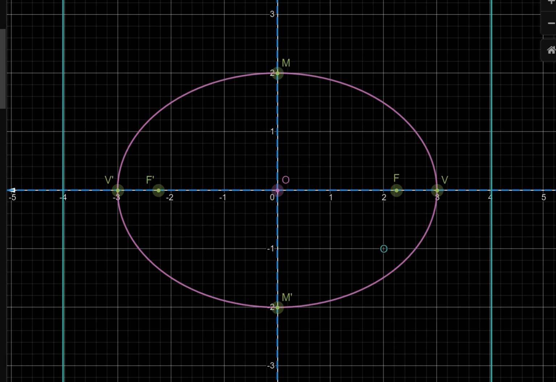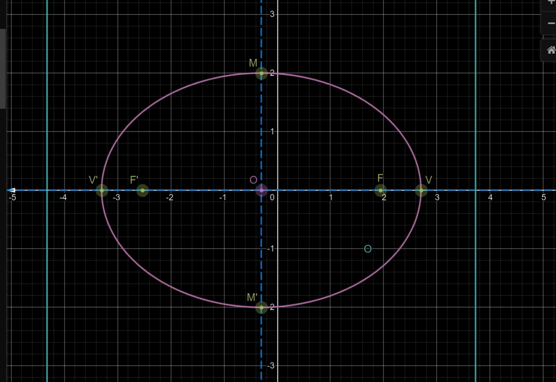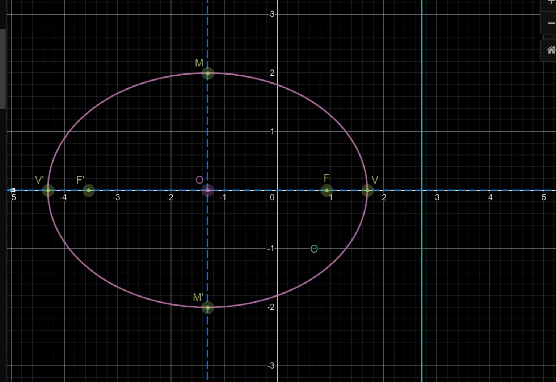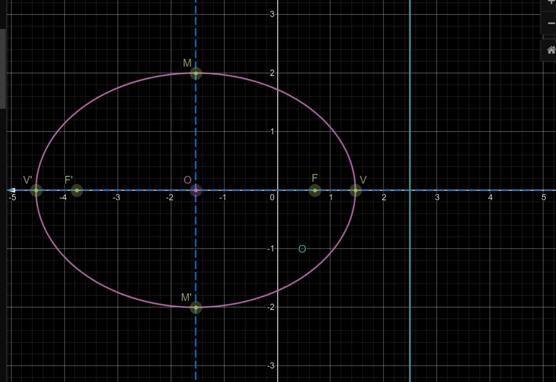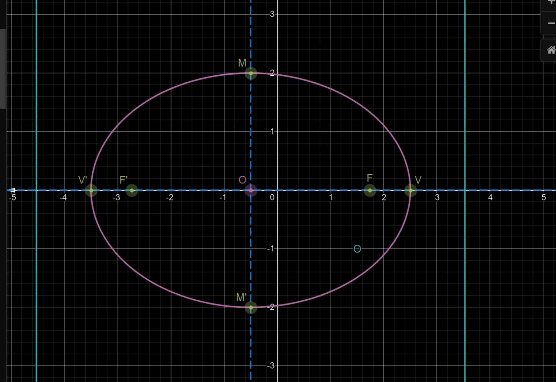Now we will visualize the translation of an ellipse. Do you know which parameter changes when the ellipse translates horizontally, left or right, as it is doing now? It is h.